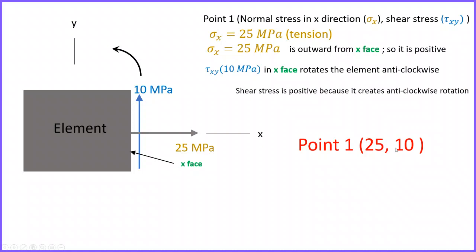It is 25 because it is the normal stress in the x direction, and it is positive because this 25 megapascal is outward from this x face, and also it is tension, so it's positive.